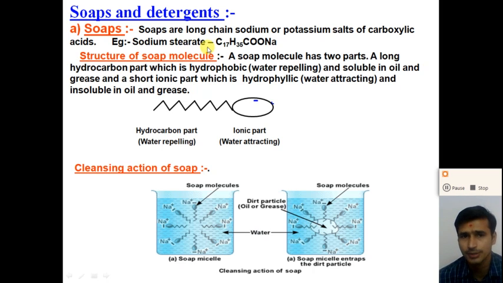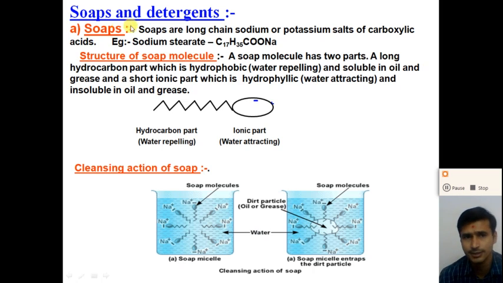In sodium stearate, 17 carbon atoms and 35 hydrogen atoms are connected with the C double bond O Na. So this Na is for the sodium salt. This type of salt is called the sodium salt of the carboxylic acid. Similarly, you can form a potassium salt of the carboxylic acid also, right?